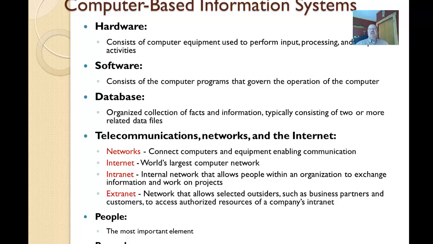So what that might be is the federal government, and the Department of Education specifically, may need to access certain parts of our network based upon federal regulation and be able to pull information out of our student records. And again, it's all based upon federal regulation. So that would give that outsider, the federal government, access to our system. Okay, so that's an example of an extranet.